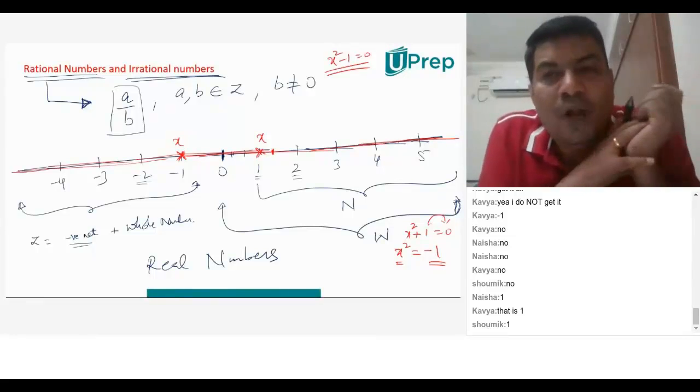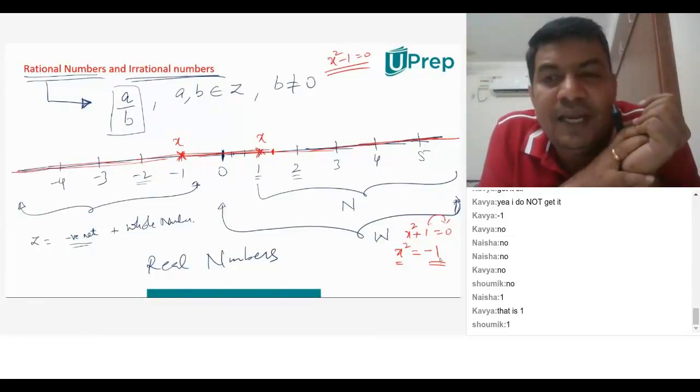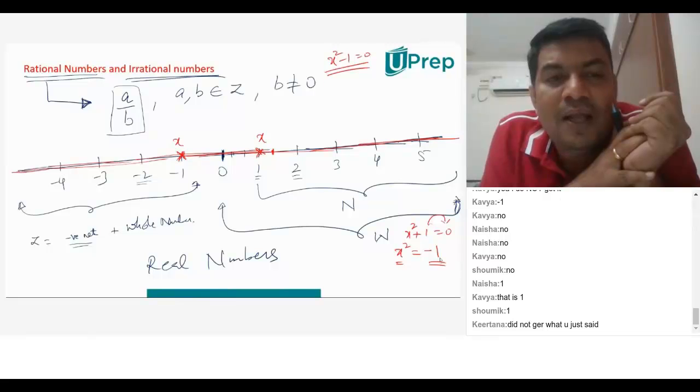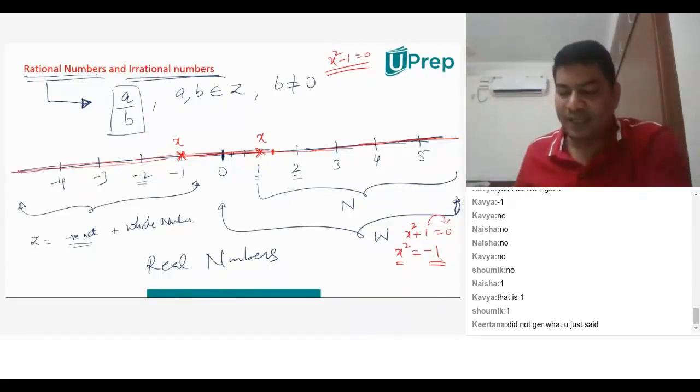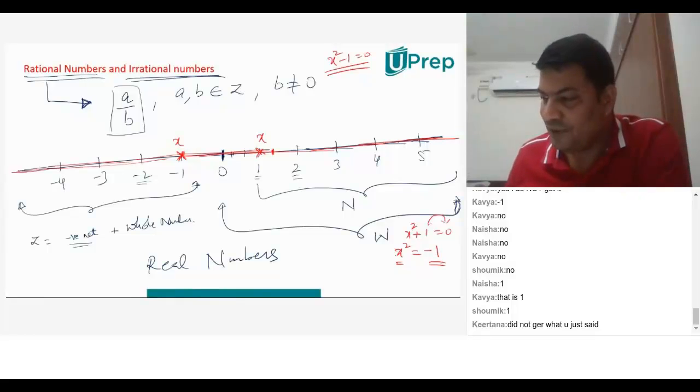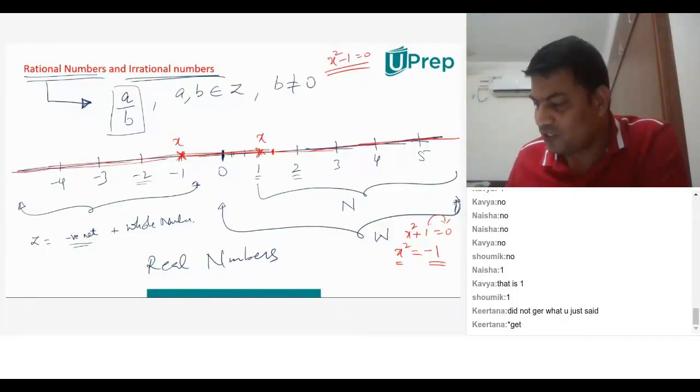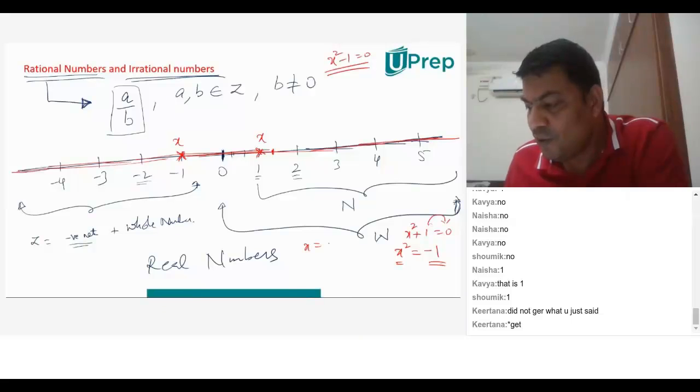So what mathematicians did is they introduced an interesting number called iota. That's what they call it. Basically, if x square is equal to minus 1, then x is equal to plus or minus root of minus 1.